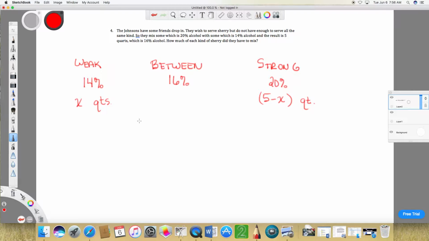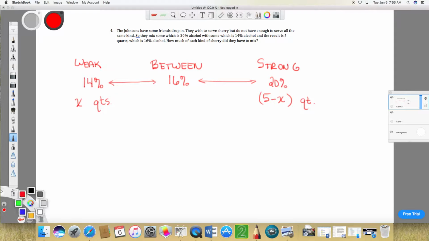Now, this idea of the seesaw method is balancing our fulcrum. The idea with the seesaw is weight times distance, where the distance here is the difference between our concentrations.